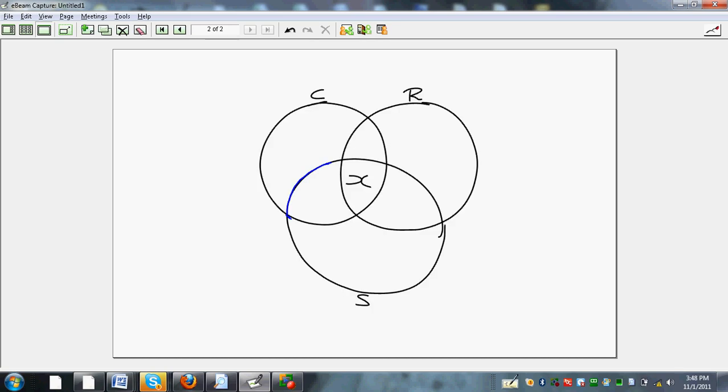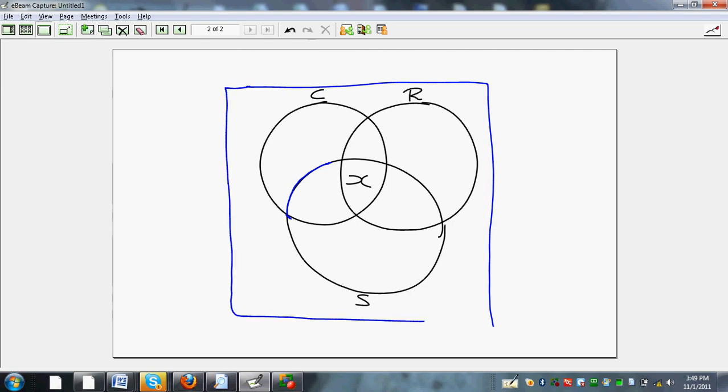Okay, so in this question, what we do is first of all, we draw the three circles, and these three circles, of course, would be enclosed in a rectangle. So you have your rectangle that would enclose these three circles, and that would represent your universal set.